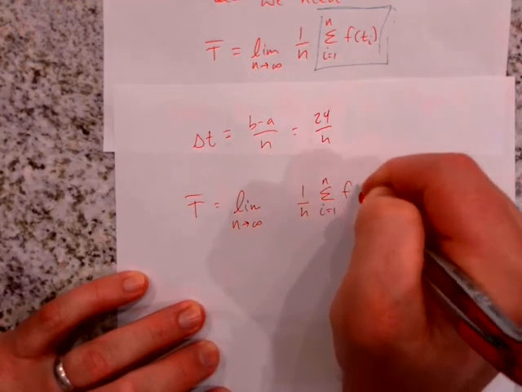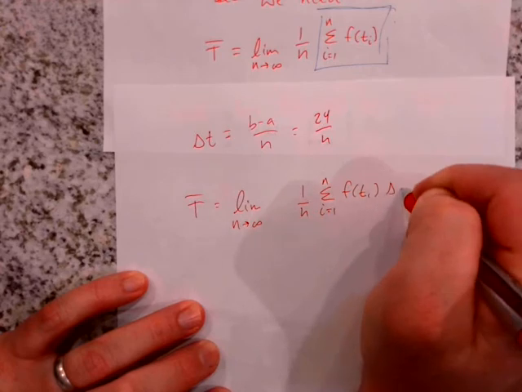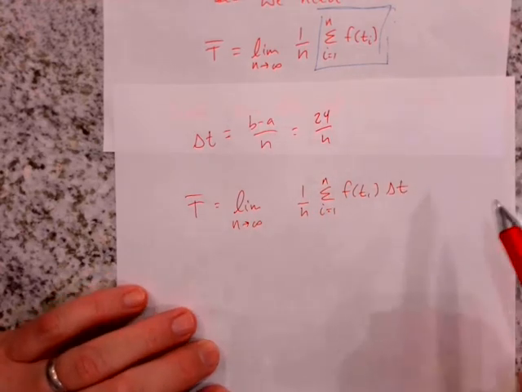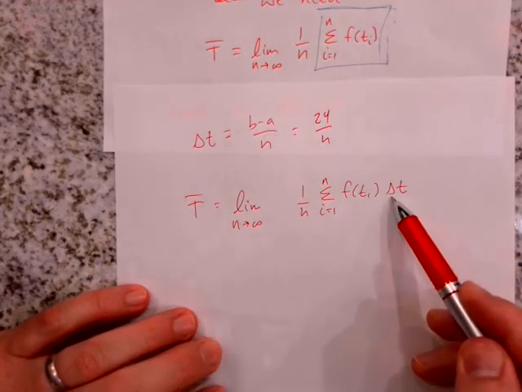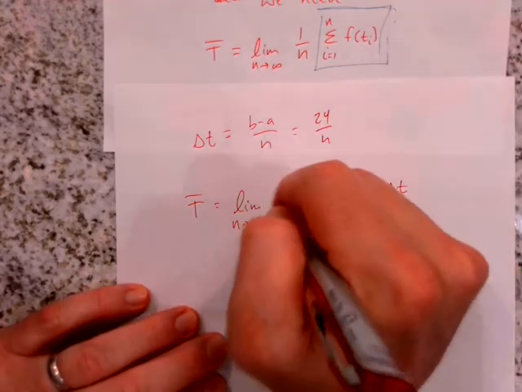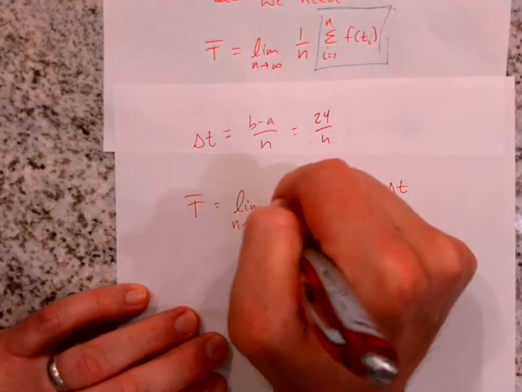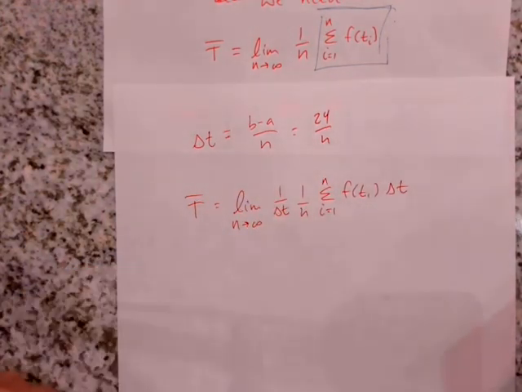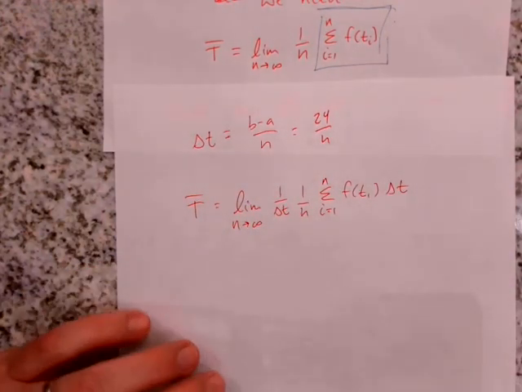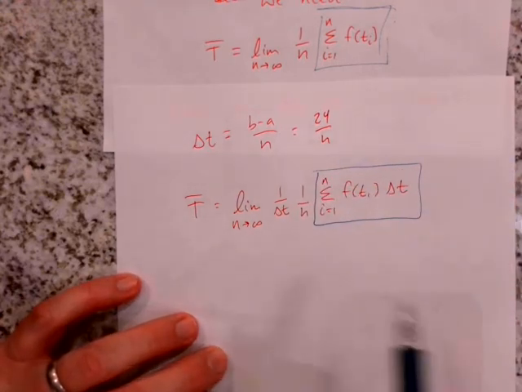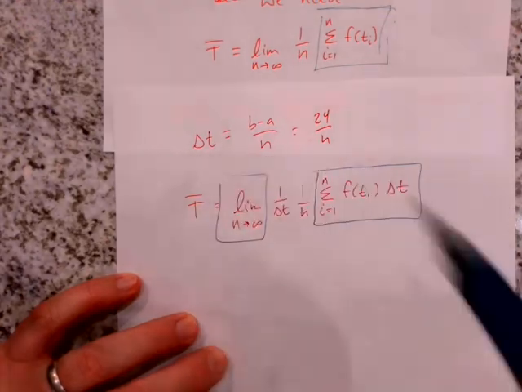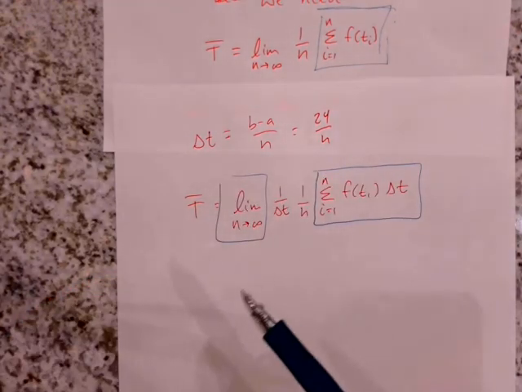But of course, you can't just put a delta t there unless you balance it out. Since delta t is constant by our choice, if we put a 1 over delta t out here, we'll maintain equality. So now we have a Riemann sum as the limit as n goes to infinity.